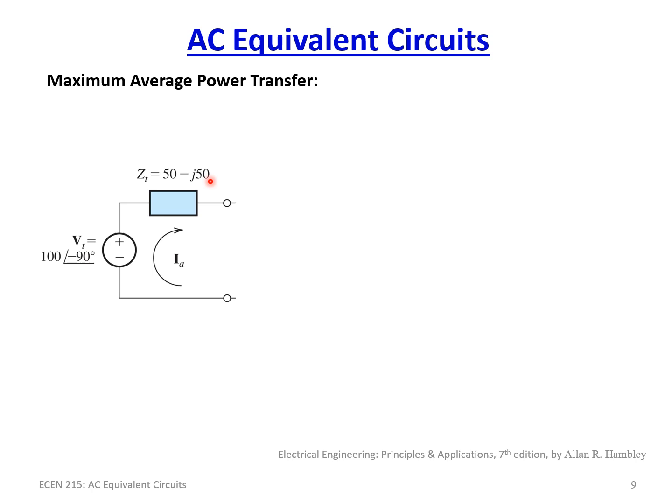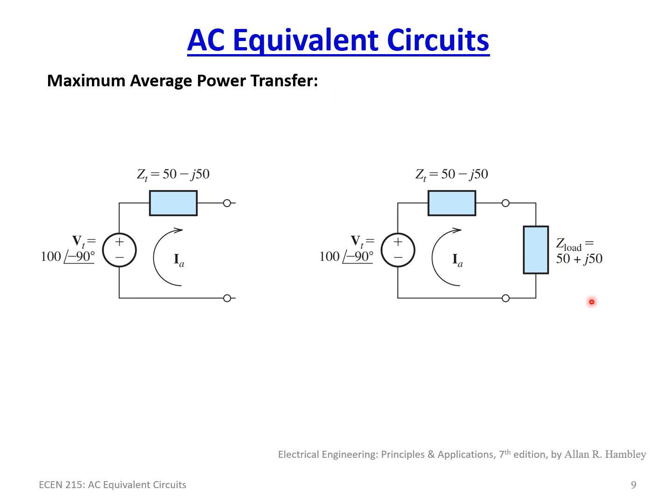The question is, what is the optimized load to put on these terminals that would give us the maximum average power transfer? Instead of 50 minus j50, Z load is 50 plus j50. We took the conjugate. That's the key difference, and that's all you have to do.